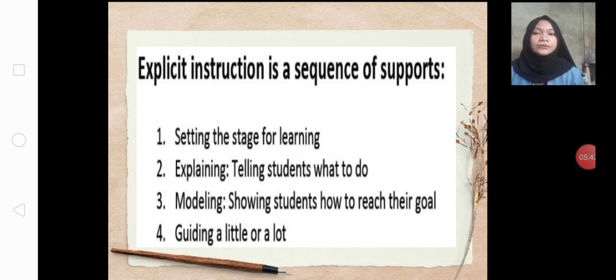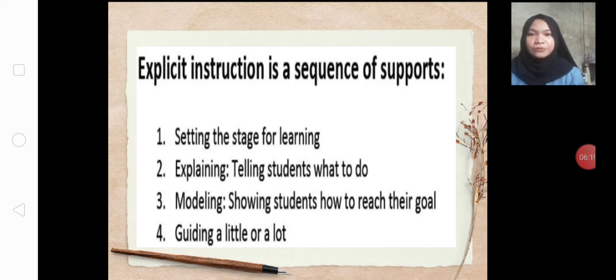You are the one who starts or guides the students to participate, to learn, or instructs them what to do to positively participate in a given task. Explaining: telling students what to do. Of course, as a teacher, you should give your instructions clearly, para hindi nalilito yung mga students.